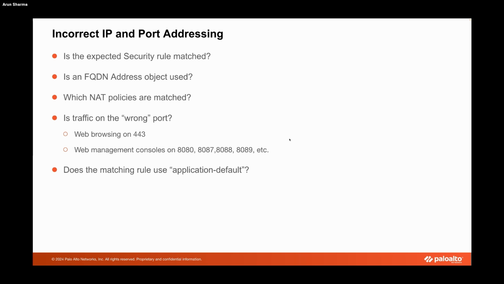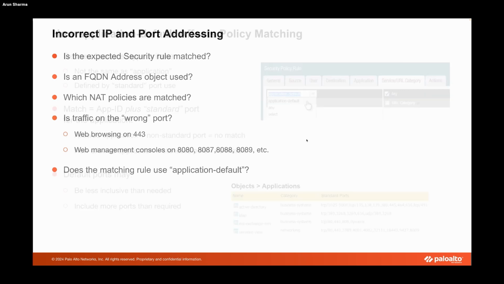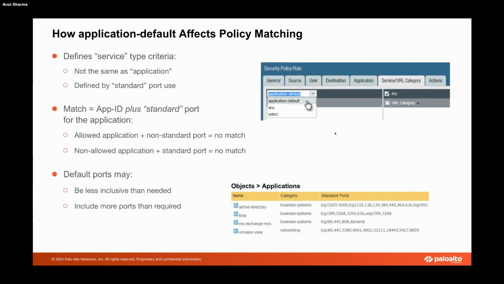For example, HTTP is associated with port 80 TCP. Okay, so this is the section where you can add your application default. Application default is the default option for the firewall.